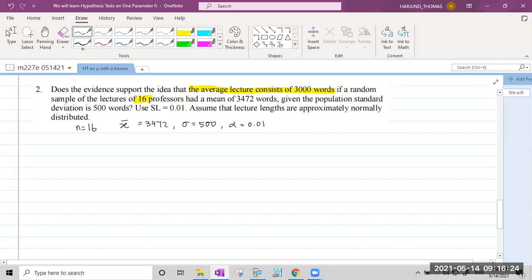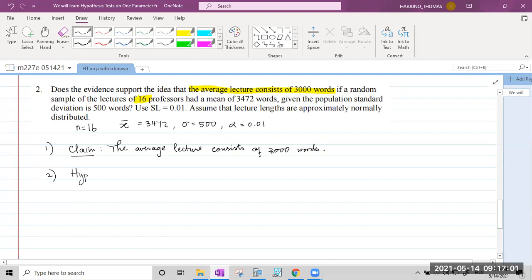Okay, now, so what is the claim here? Does the evidence support the idea that the average lecture consists of 3,000 words? The claim: the average lecture consists of 3,000 words. That's the claim.